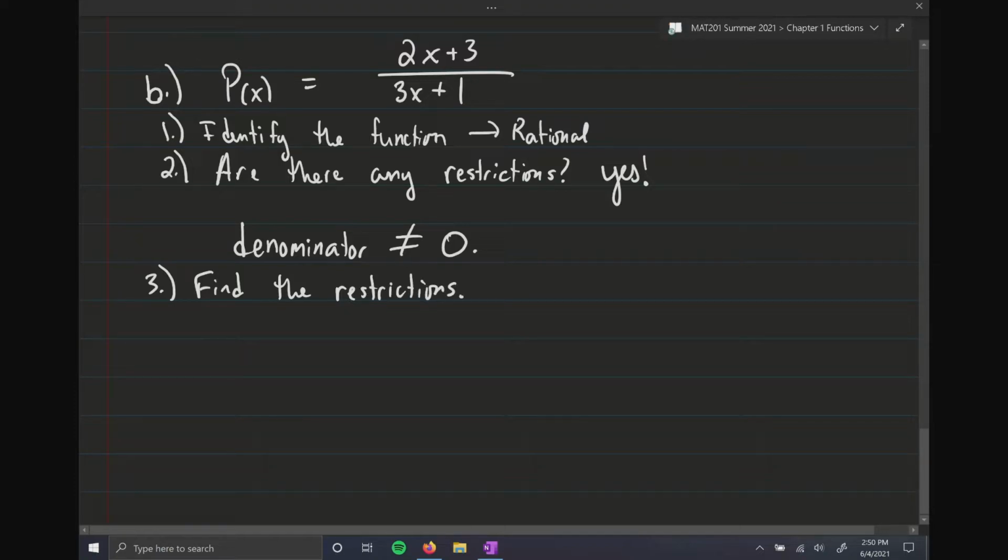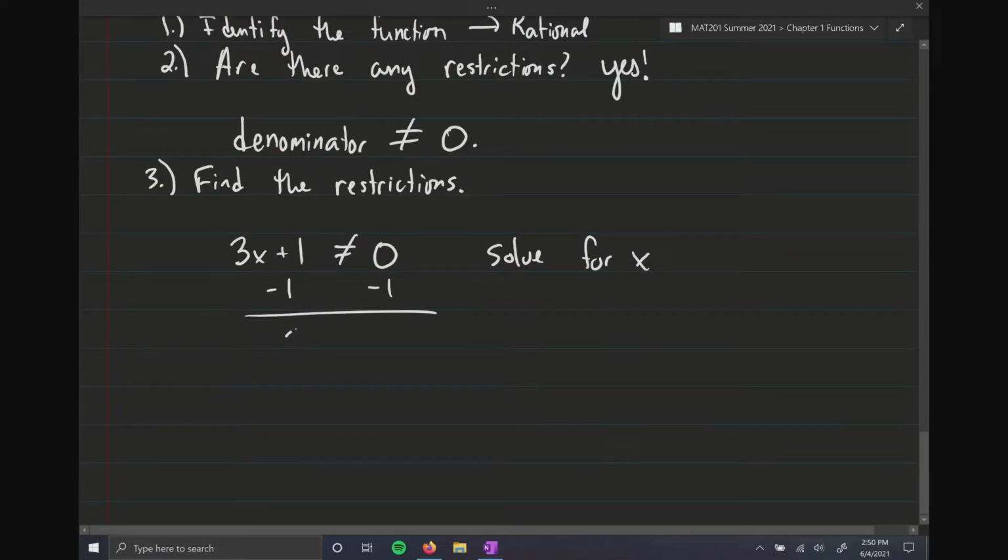Okay? So if you think about that, I'm going to do exactly what I just wrote. I'm going to take my denominator, 3x plus 1. And I know this is going to sound weird at first, but I'm going to set it not equal to 0, and then I'm just going to solve for x. And by doing that, subtracting 1 from both sides, 3x does not equal negative 1.